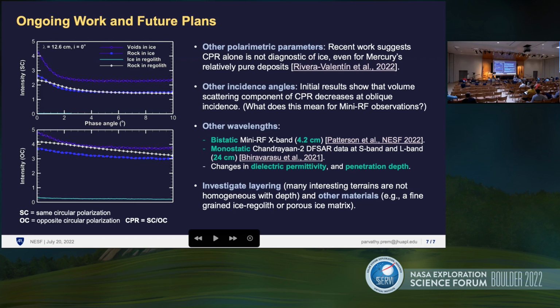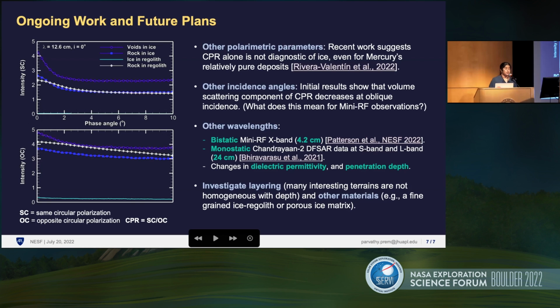Okay, I've got a question that probably shows how much I don't know about radar, but is it worth comparing with what's known about at least icy moons from radar to get a sense of what's happening, or are those measurements non-comparable? Yeah, that's a really good question, Amanda. So the unambiguously icy moons of the solar system have CPRs very comparable or even higher than what we see at Mercury.